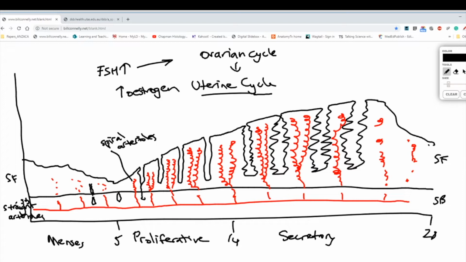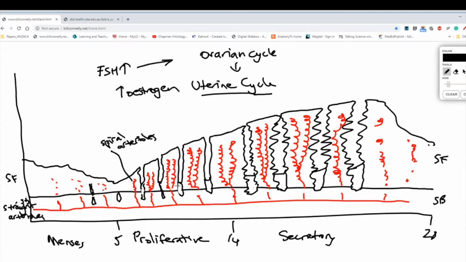Some of these glands extend down into the stratum basale here. I haven't drawn them deep enough, but you get the idea anyway.